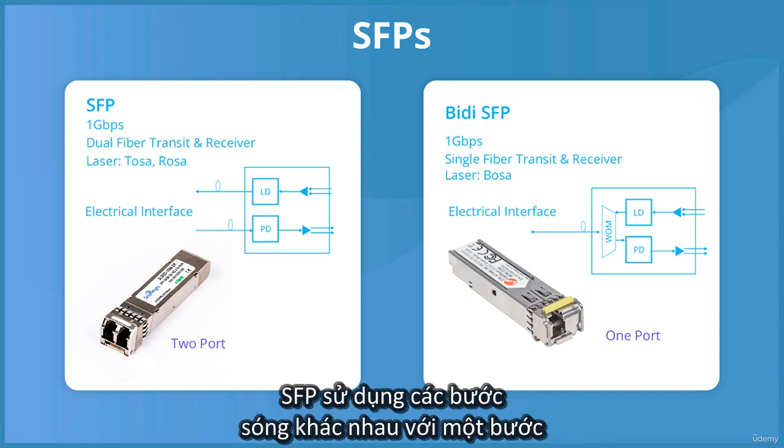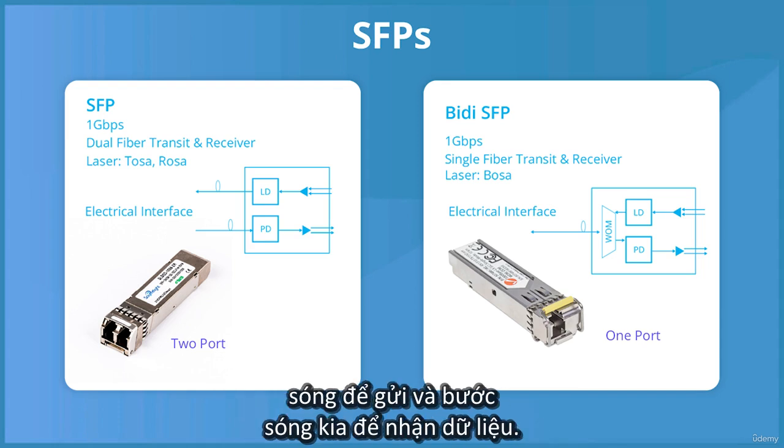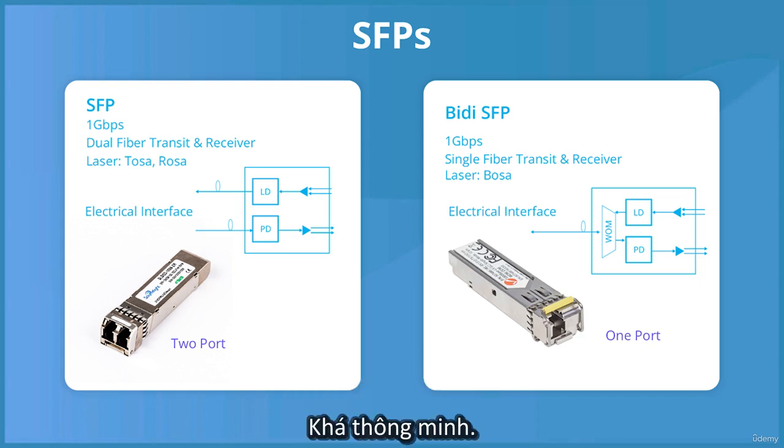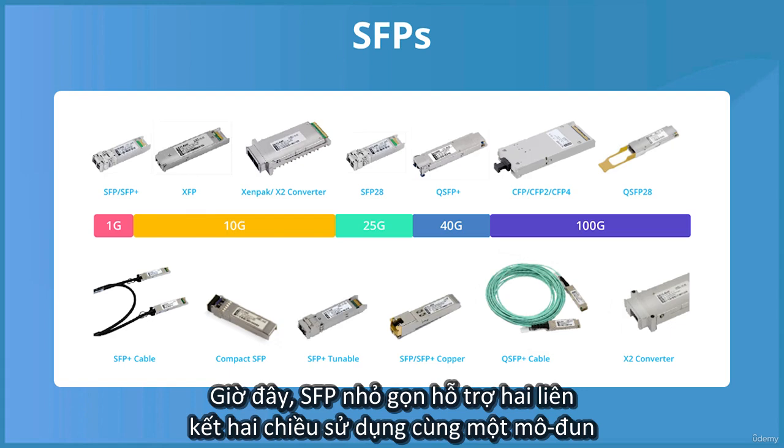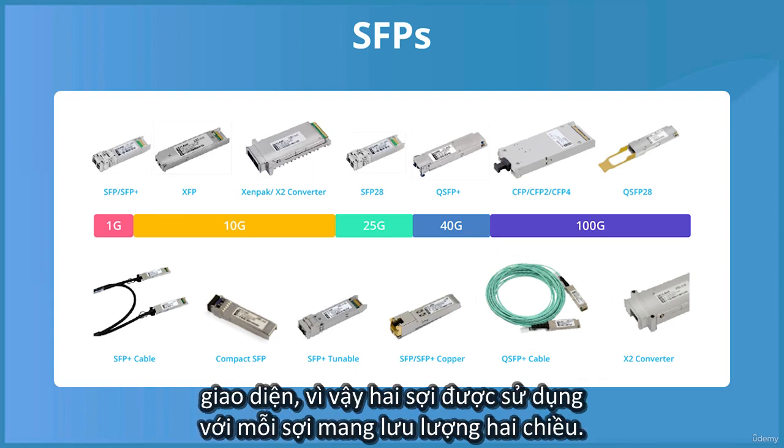BiDi SFPs use different wavelengths, with one wavelength for sending and the other for receiving data. Pretty clever. Now, compact SFPs support two bidirectional links using the same interface module. So two fibers are used with each carrying bidirectional traffic.